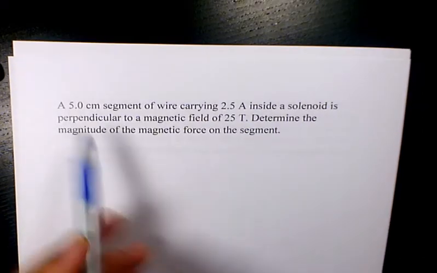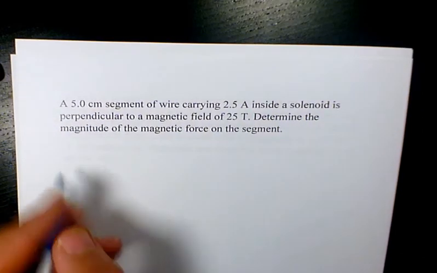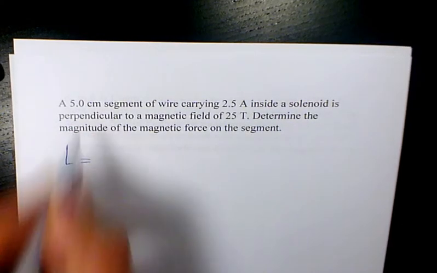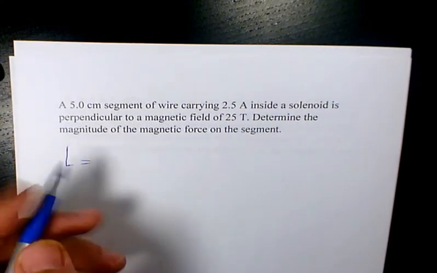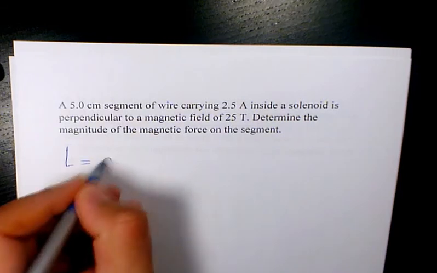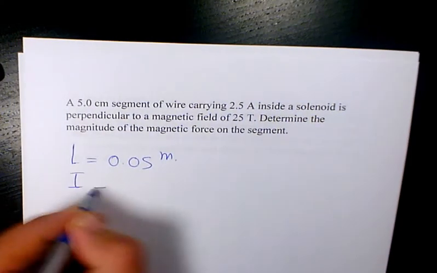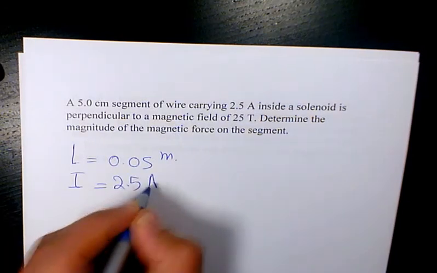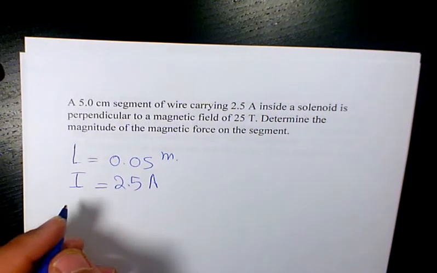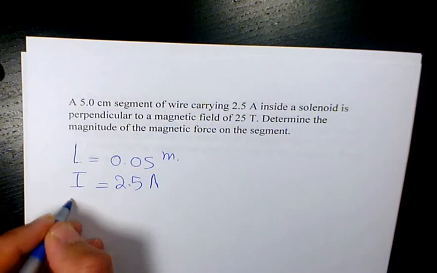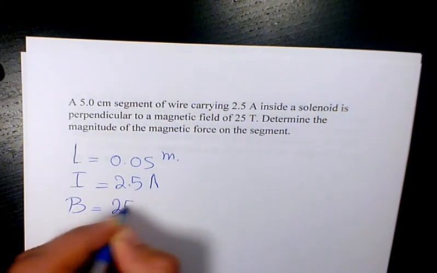Now in this example, a 5 centimeter segment of wire, so L is 5 centimeter, we need to convert it to meter. 5 divided by 100 is going to be 0.05 meter. Carrying I, which is 2.5 ampere, inside the solenoid is perpendicular to this 125 Tesla.